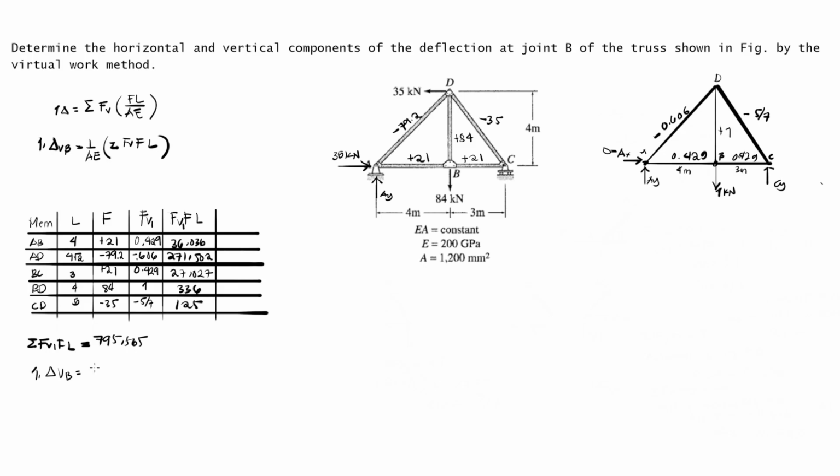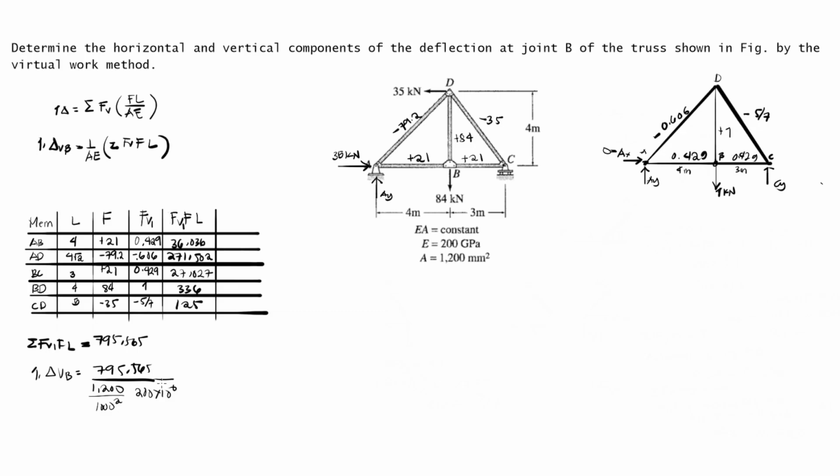So, 1 times delta VB is equal to 795.565 all over AE. Yung A natin is 1,200 mm square siya. So, kailangan nating i-convert sa meter square. So, i-divide lang natin ng 1,000 raised to 2. Okay? And then, E natin is 200 times 10 raised to 6.